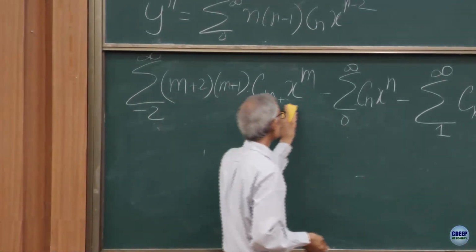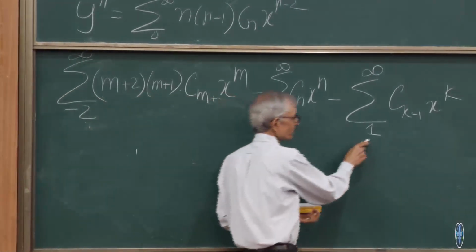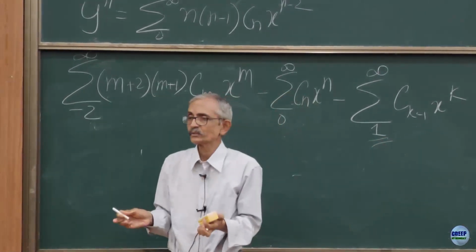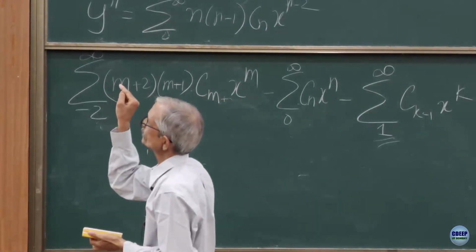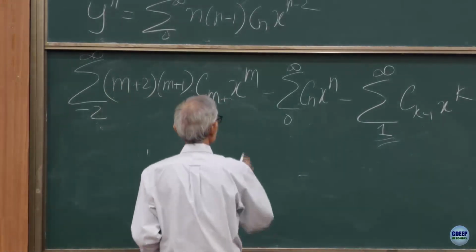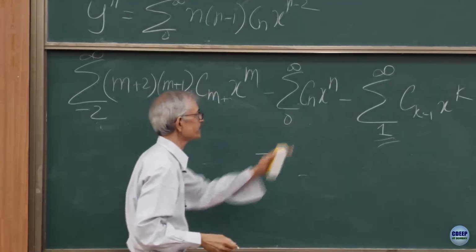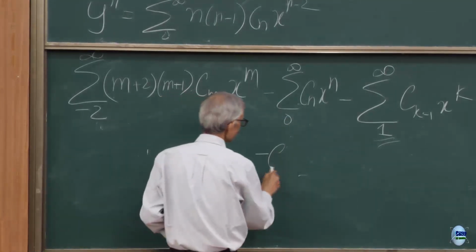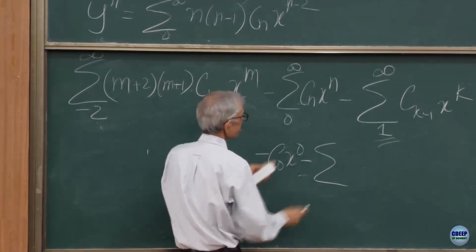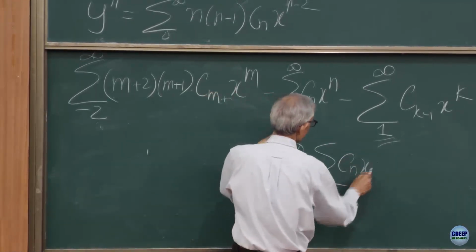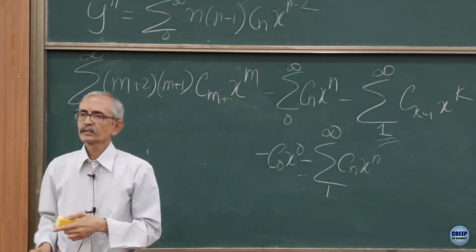Okay. So towards that, let us just say that this one is 1 to infinity. I can't do very much with this one. And this one is 0 to infinity, so I'm going to split it into two terms. One is c0 x to the power of 0, and then the other is Cn x to the n, 1 to infinity. Okay.